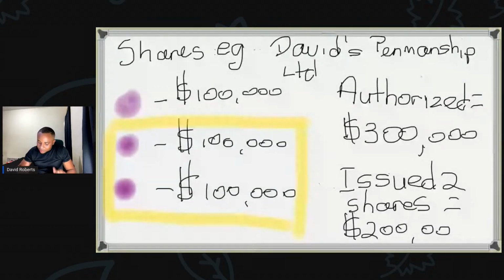That means we would have issued 200,000 worth in shares. Think of the shares as the purple dots that you have, and each one has a value. When we are authorizing shares, that is the potential of how much capital they can raise. When they issue the shares, this is when they actually raise capital, when they give it out. So going back to the question now.